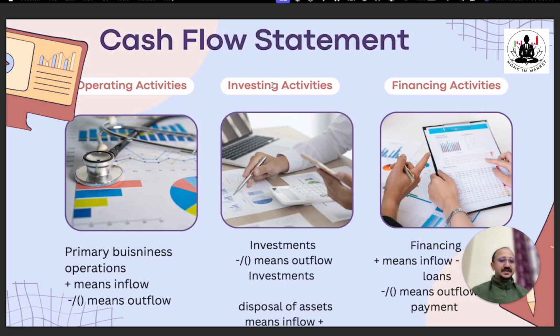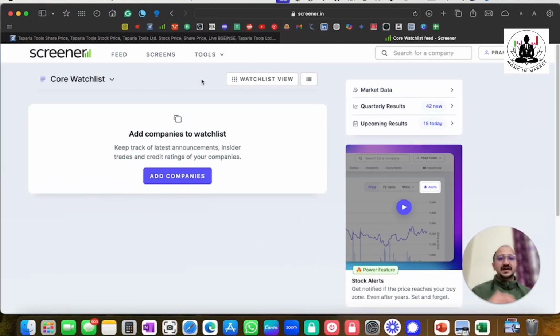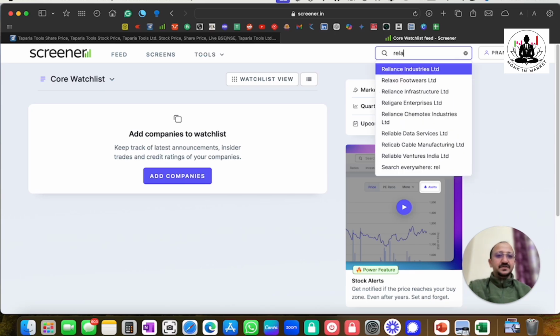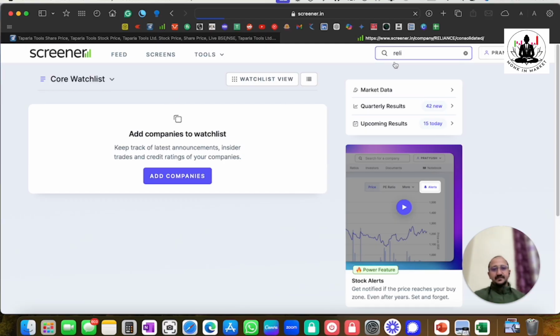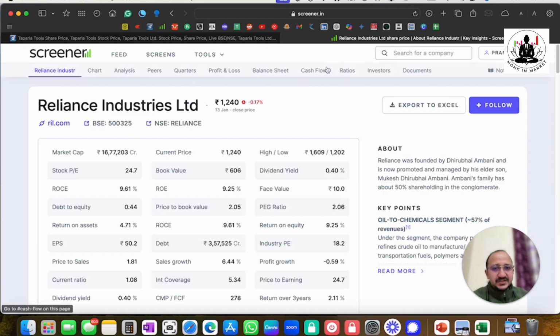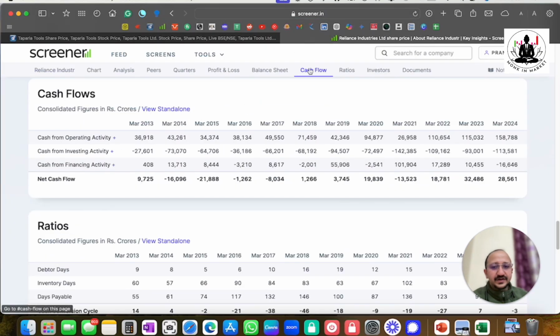Before I start the cash flow statement, I want you to have a look at what it looks like. Let's open the cash flow statement for Reliance, guys. So this is the cash flow statement. When we click over here, such a three-line statement comes. Just a three-liner, nothing complicated.